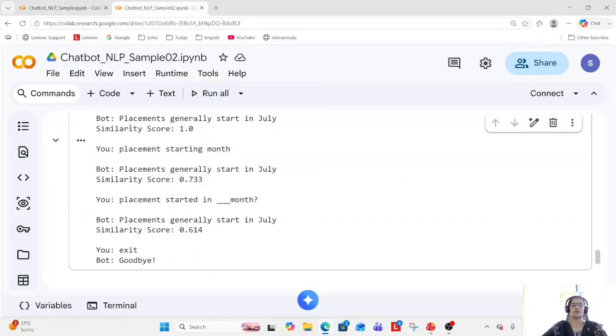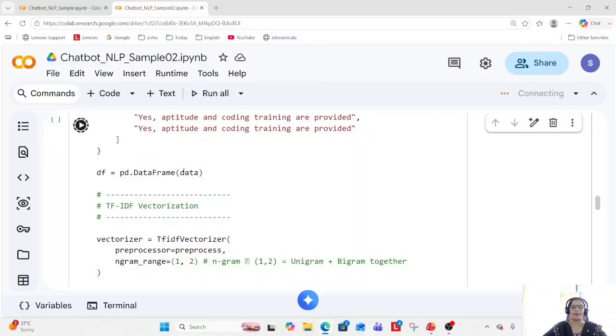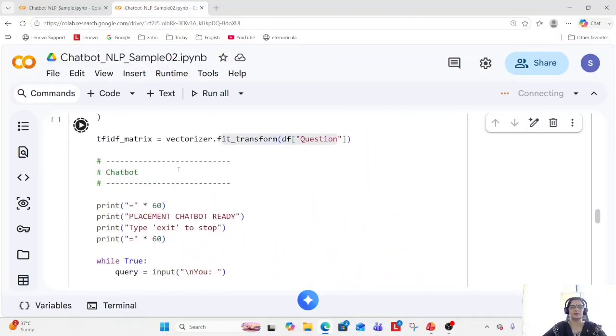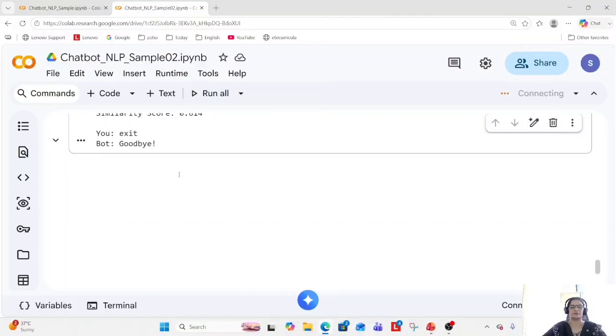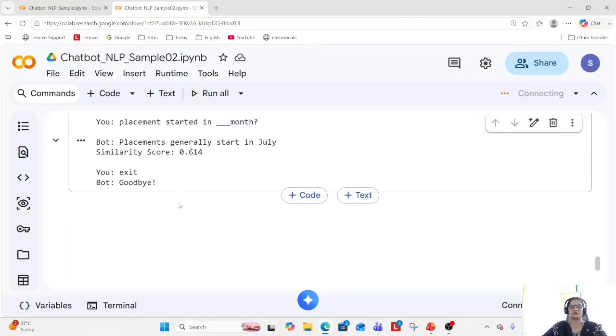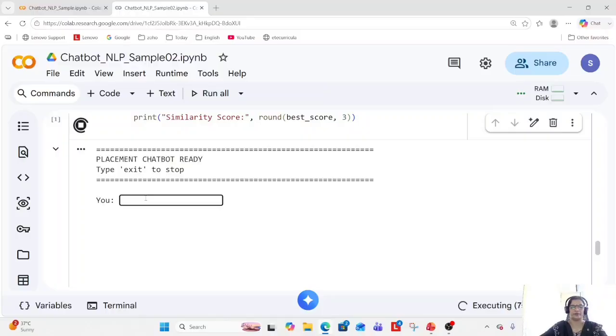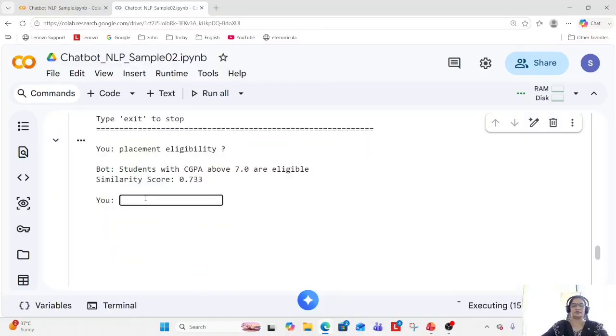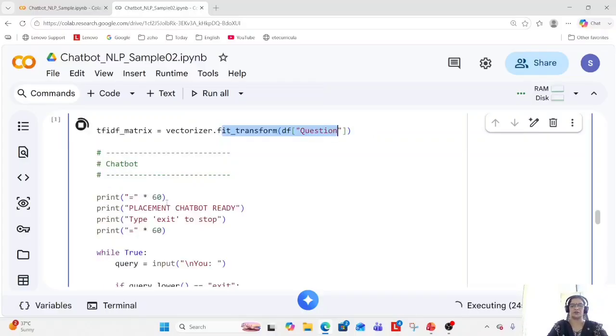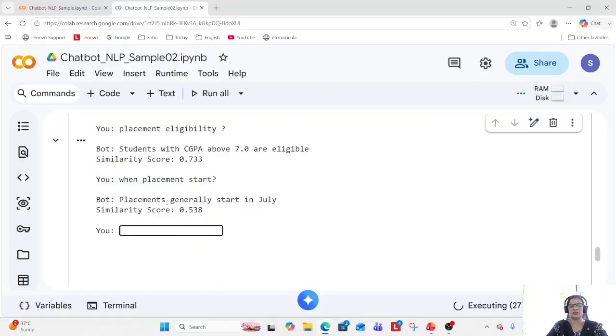Now I will run the next program. Watch the result now. So now placement eligibility. So now the answer is right. Now when placement start. Now the correct answer is displayed.